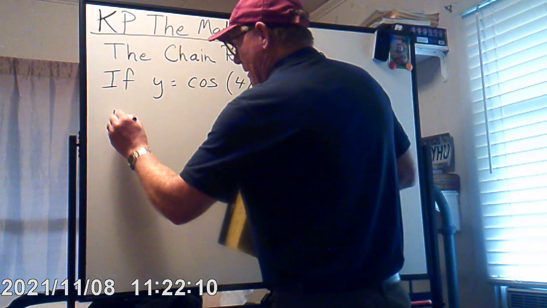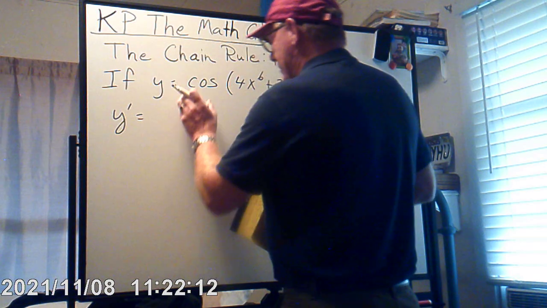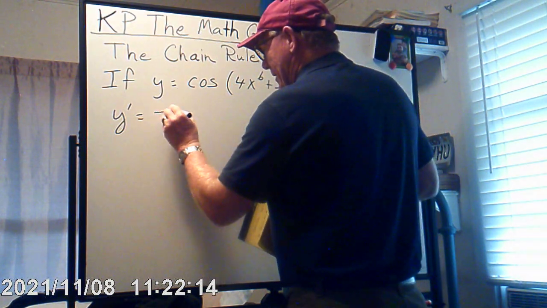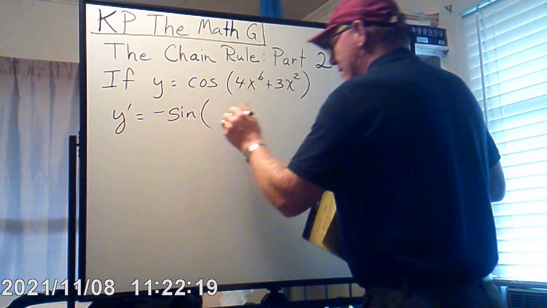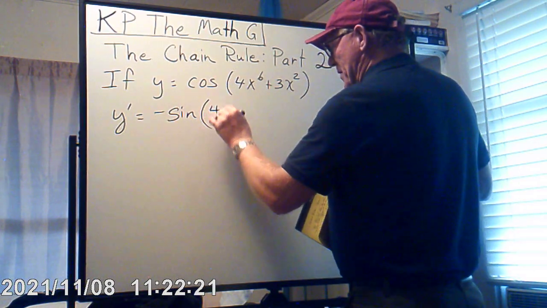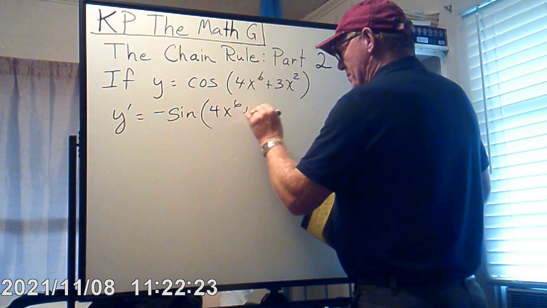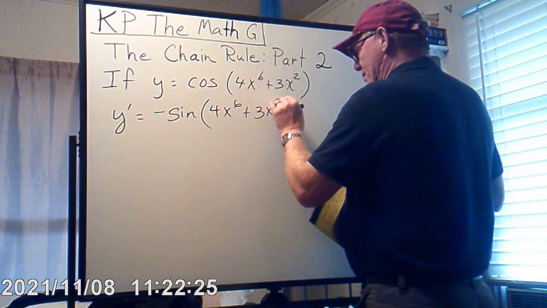Okay, so y prime. The derivative of cosine is negative sine of all this stuff here, so 4x to the 6th plus 3x squared.